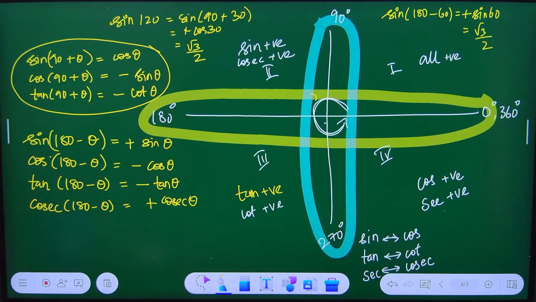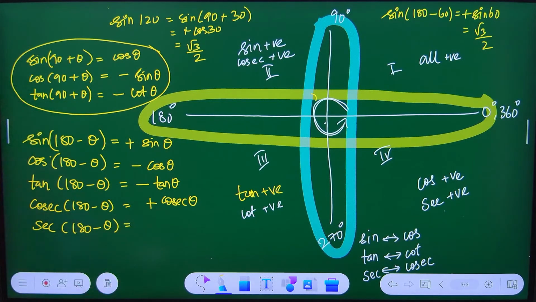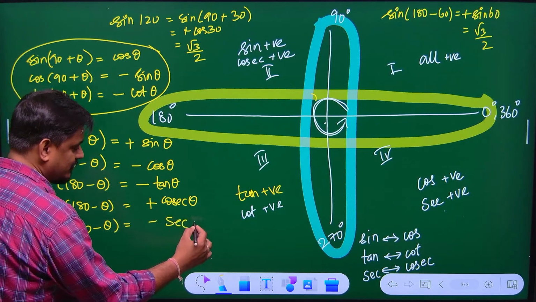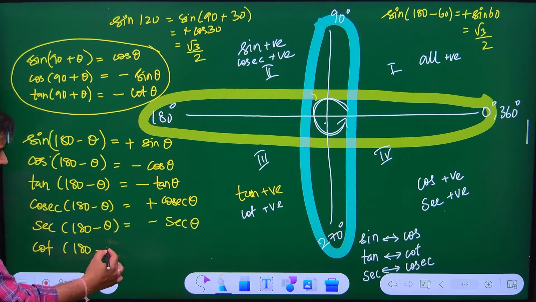Next question is Kritik Kumar. Sir, cosec 180 minus theta. What will be the answer? It lies in the second quadrant. Negative, and theta. Very good. Yes, you are right. Mridini, what is cot 180 minus theta?